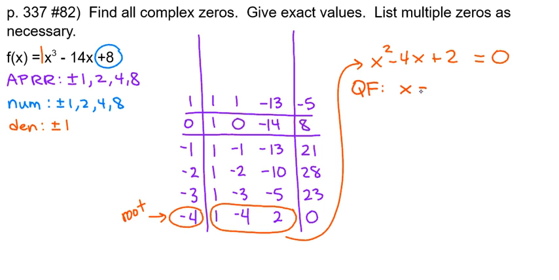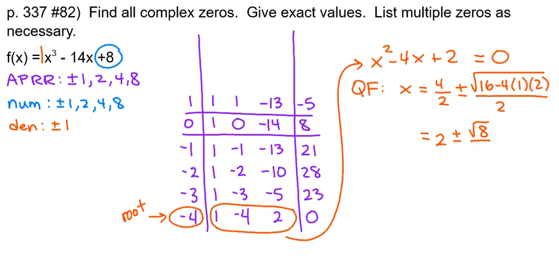So x equals the opposite of b over 2a plus or minus the square root of b squared minus 4ac over 2a. Simplify, we have 2 plus or minus square root 8 over 2. Keep simplifying because square root 8 is 2 square root 2. So 2 square root 2 over 2. Reduce, and we have 2 plus or minus square root 2.